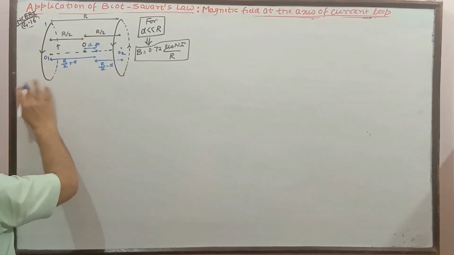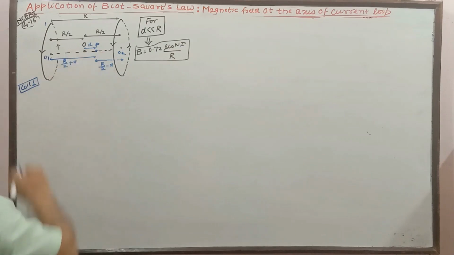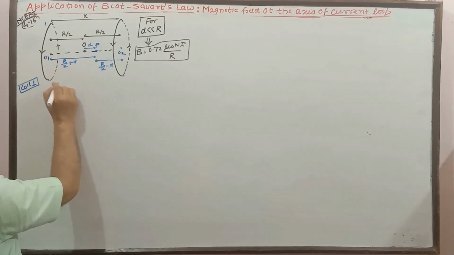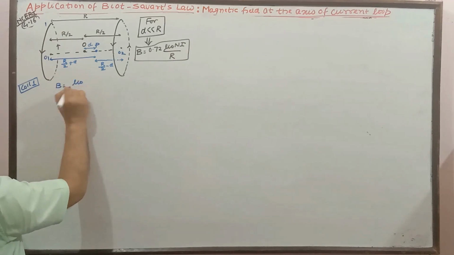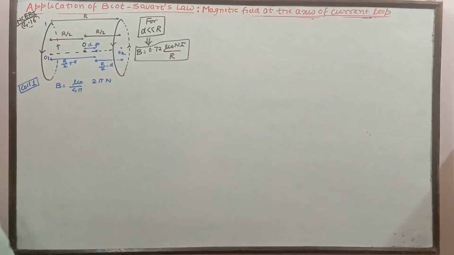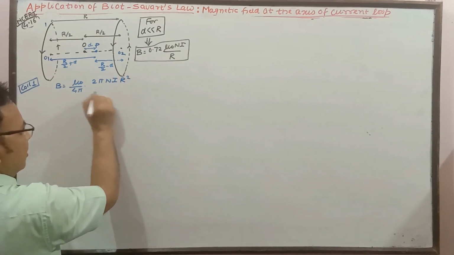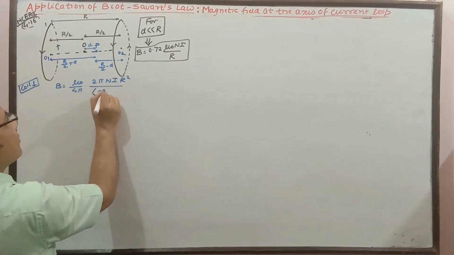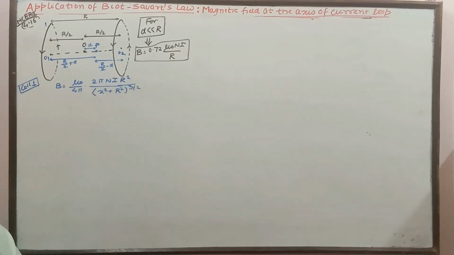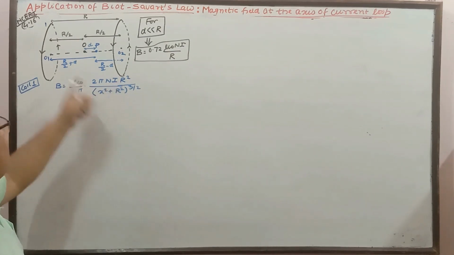For coil 1, we are going to find out the magnetic field at point P. We know the magnetic field on the axis due to any coil is mu naught upon 4 pi into 2 pi n I r square divided by x square plus r square whole 3 by 2. This is the general formula for any coil having n number of turns, current I, radius r, at a distance x on the axis.